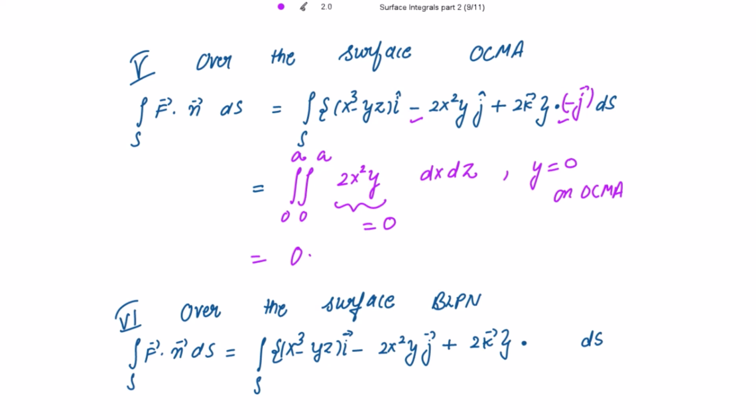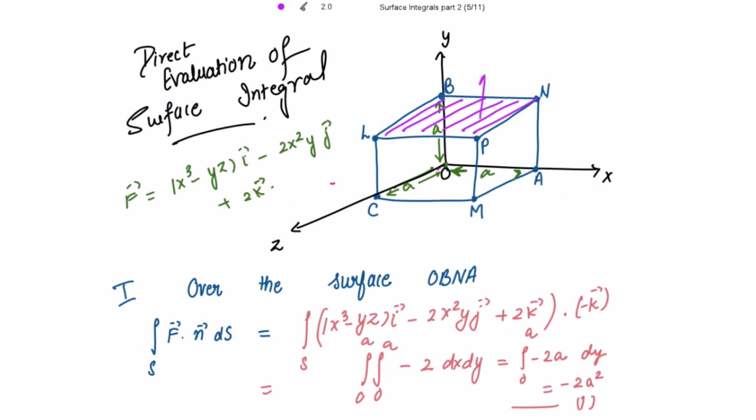Now over the surface BLPN, that is opposite to this surface, the outward unit vector drawn normal to the surface is along the positive y-axis, so taking n cap to be equal to j cap, and the constant value of y is a on this surface. And since the unit vector is along the y-axis, we take ds to be dx dz.